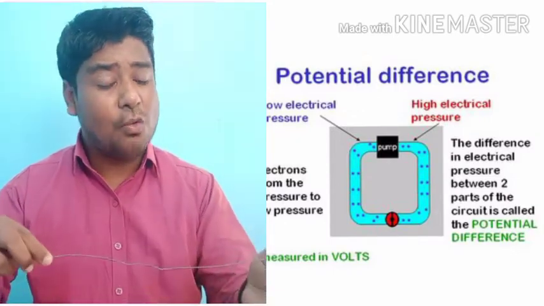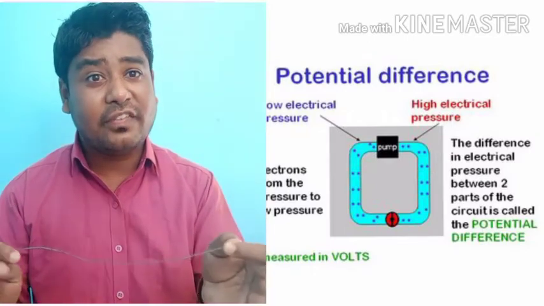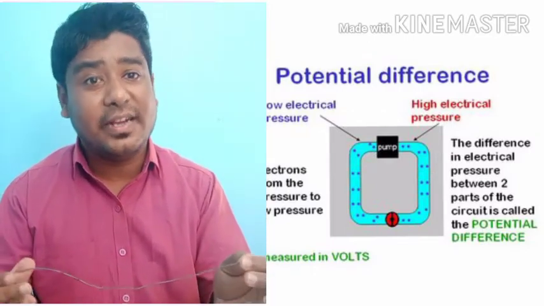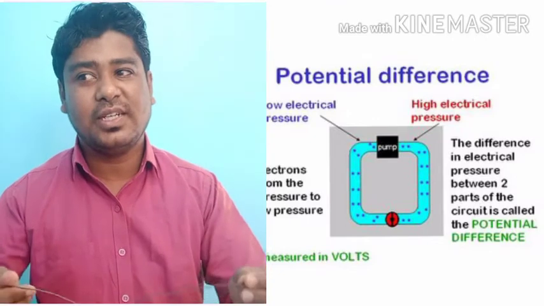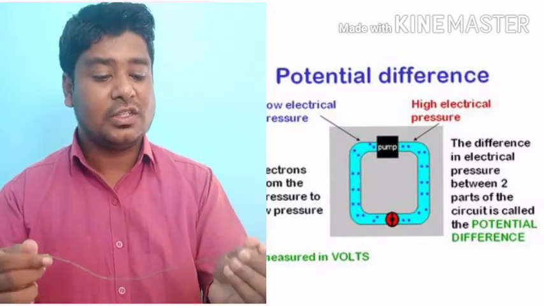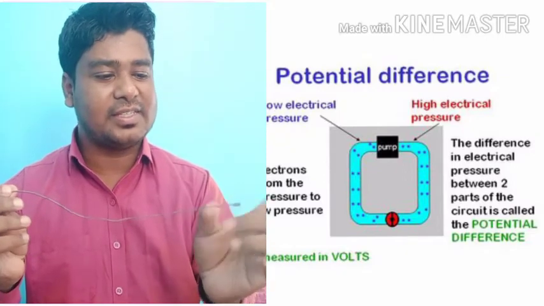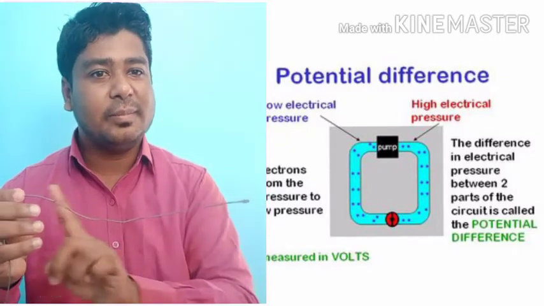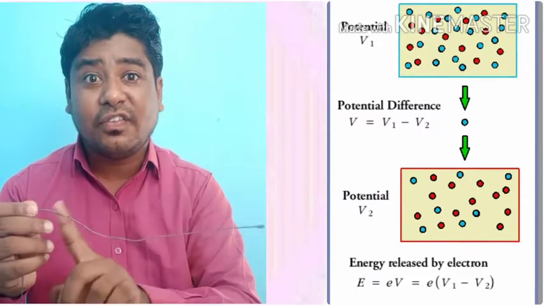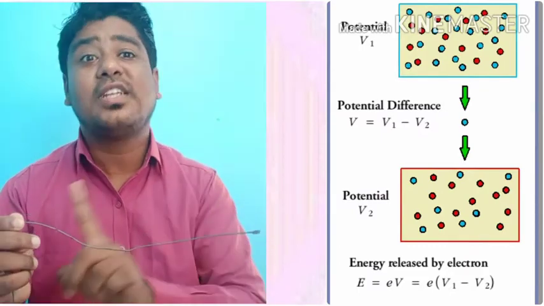So how do the charges flow? If a charge has to flow, there should be a difference in the potential, as we saw in the example of the water. If we name this end A and this end B, then only if there is a difference in the potential between these two ends can the charges flow.